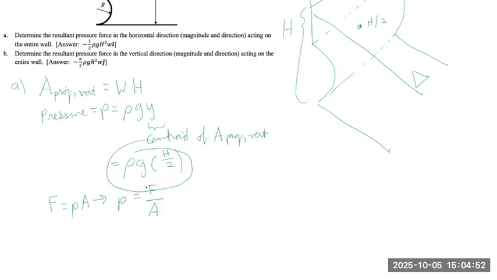And that vertical projection is simply a rectangle of area WH. So force is equal to rho g times H over 2 times WH.